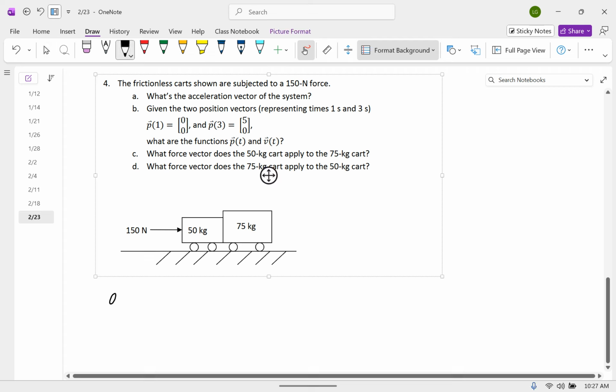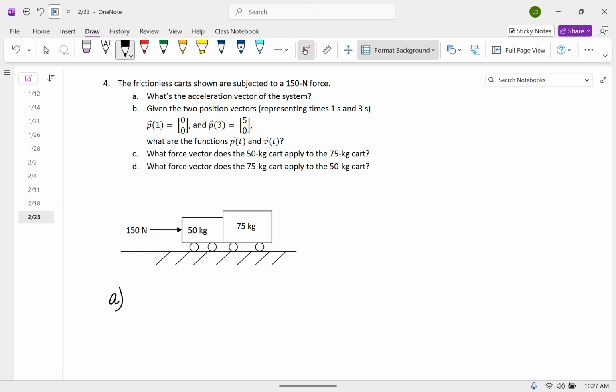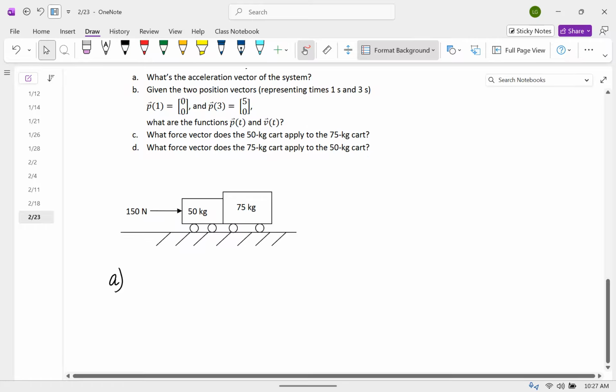So if we're going to calculate the acceleration of this whole system, the easiest way to do that is to isolate the whole system at once. Then you just have a single object, a single force, and you calculate the acceleration. Or we could do A, C, and D kind of as a single problem.